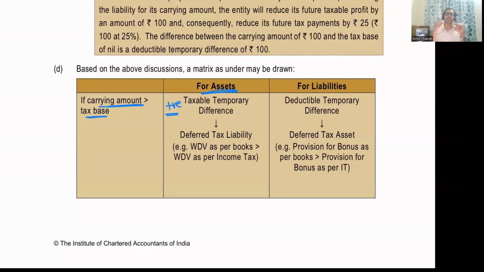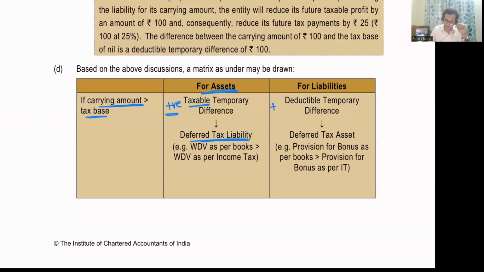It is the amount on which I need to pay taxes in future. Therefore, it's a taxable temporary difference, and I create a deferred tax liability in my books of accounts.